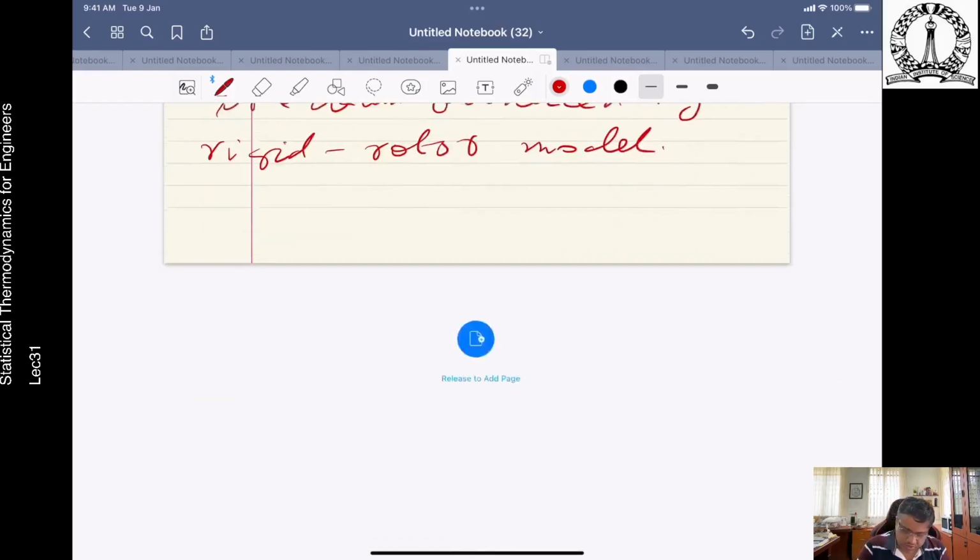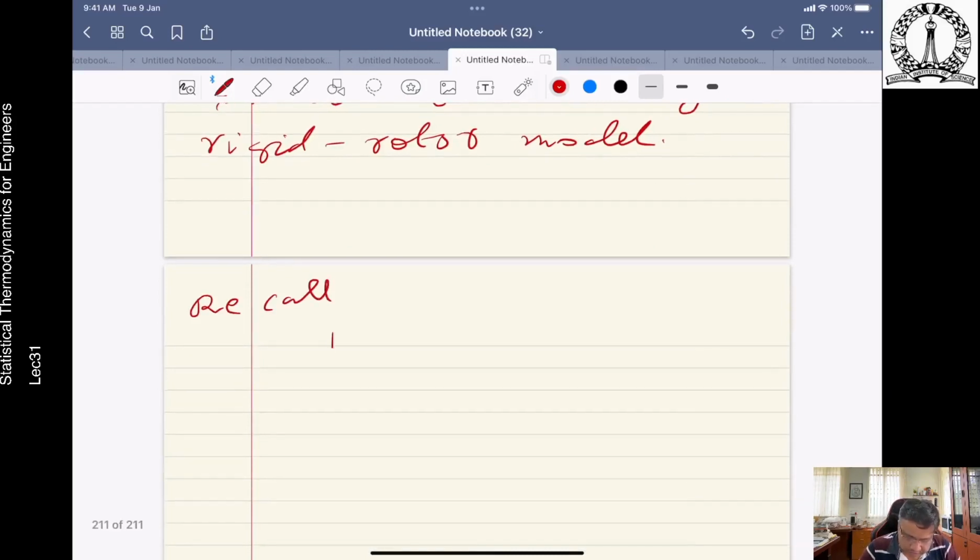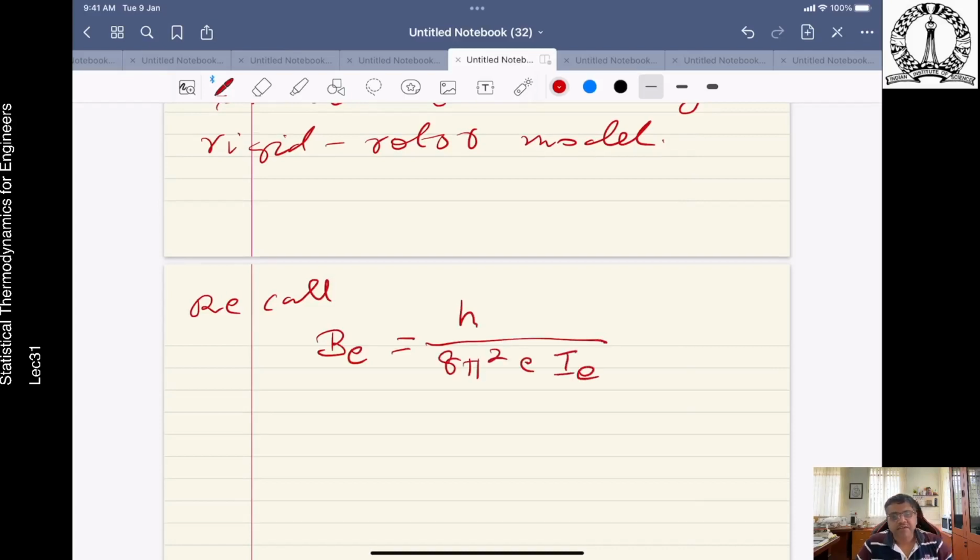Okay. So also recall that BE is equal to h divided by 8 pi square c into IE, where the moment of inertia IE is given as mu RE square.